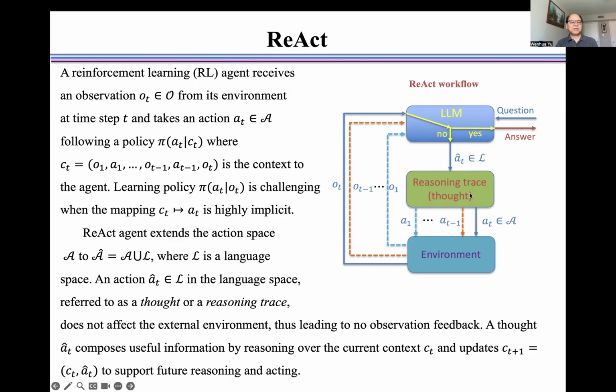A thought a_t-hat composes useful information by reasoning over the current context c_t and updates c_{t+1} to support future reasoning and acting.